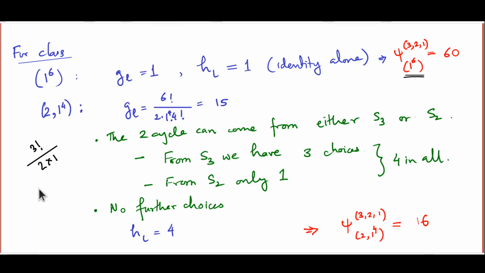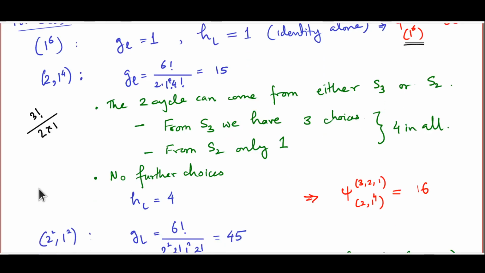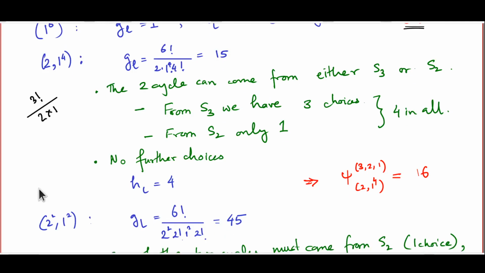Our next class has a larger number of 2-cycles and compensates by having a smaller number of 1-cycles. So this is the class labeled by 2 square, 1 square: two 2-cycles, two 1-cycles. And using our standard formula, the number of elements in this class is given by 45. Now let us figure out exactly how you could get a permutation with two 2-cycles and two 1-cycles into our subgroup S3 cross S2 cross S1.